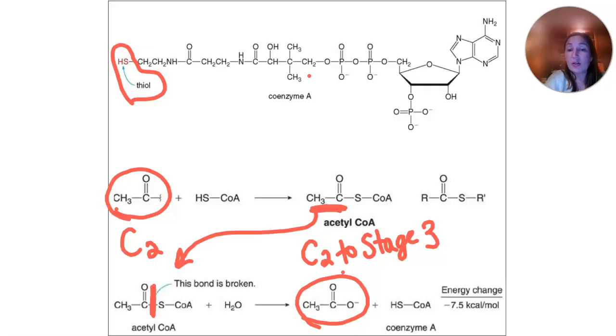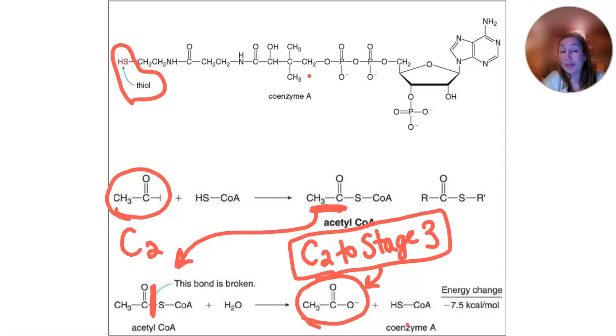So this is going to go on to stage 3 right here. And then it frees up coenzyme A. So when we break apart that C2 or that acetyl group from acetyl-CoA, we free up CoA again, to be reused. So now CoA is freed up as HS to CoA. So again, the big role of CoA is to shuttle this 2-carbon acetyl group.